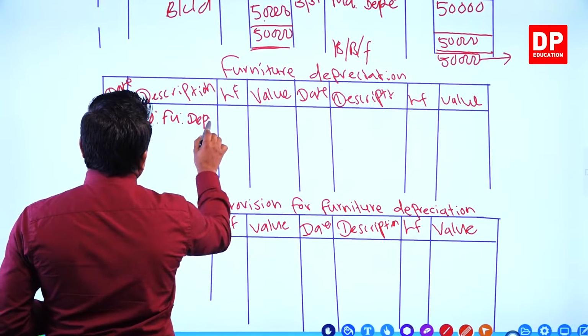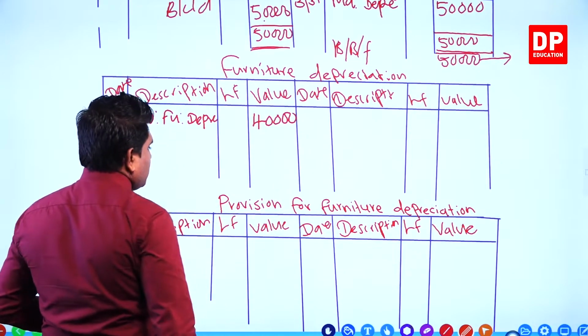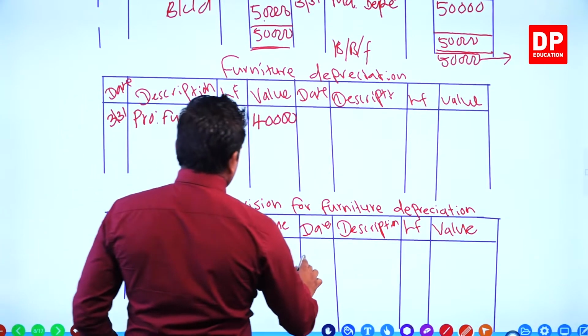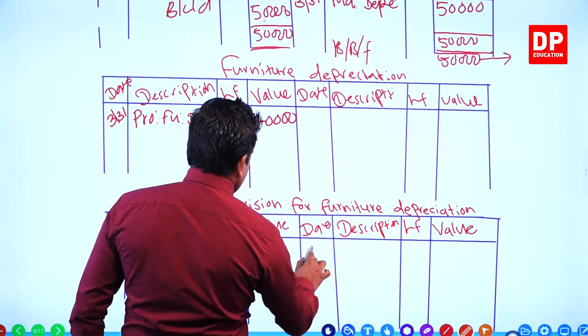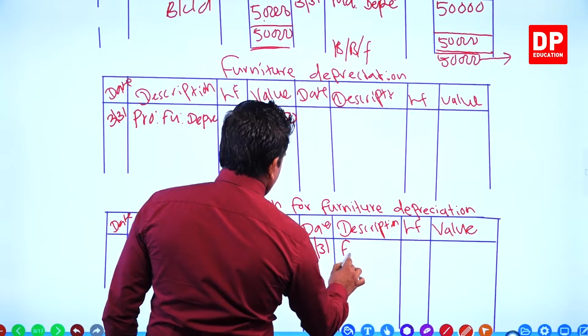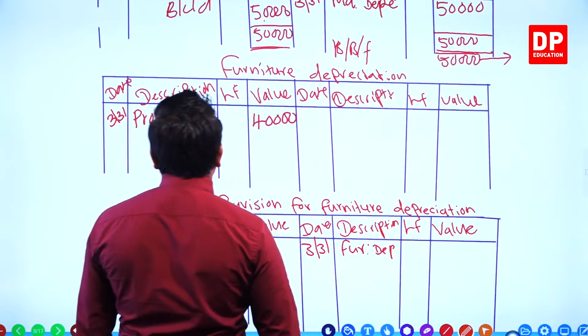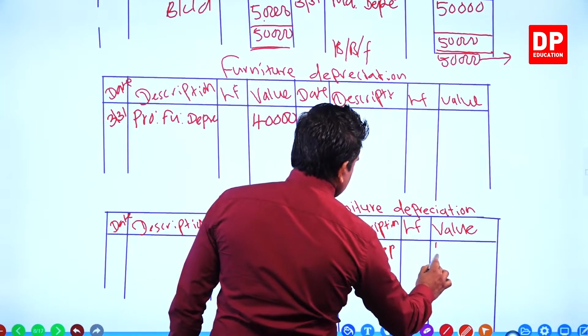How much? 40,000. Then in the provision for furniture depreciation, there you write furniture depreciation, 40,000.